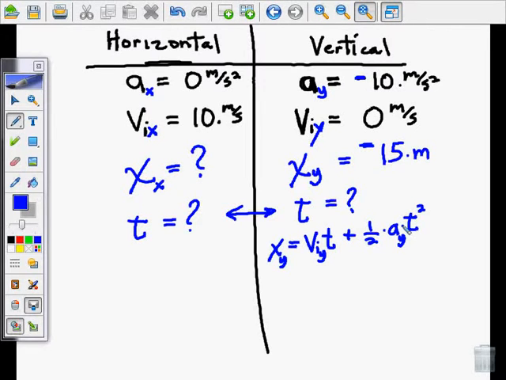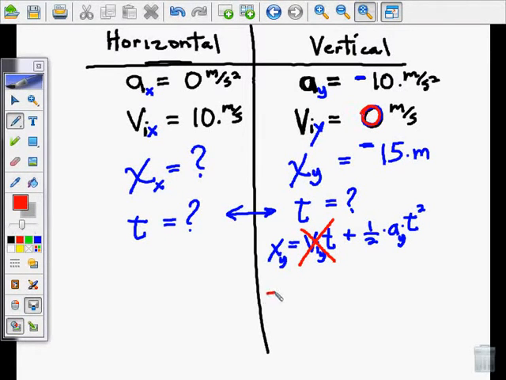And then you remember, hey, at the beginning, the initial velocity, vertically speaking, was 0. So basically over here, that drops out. And now you substitute in what you have.